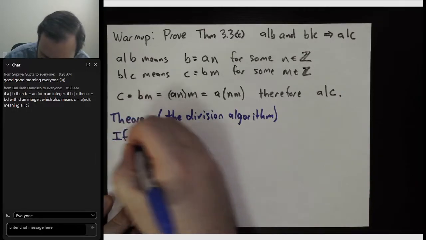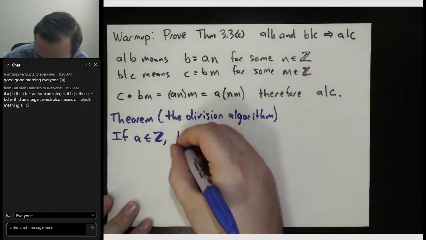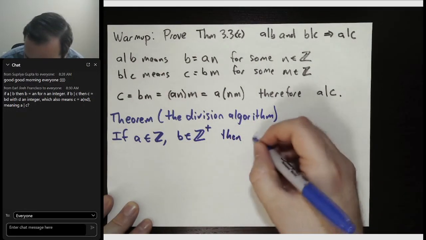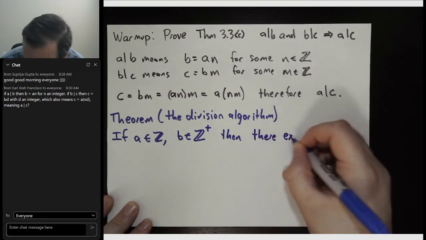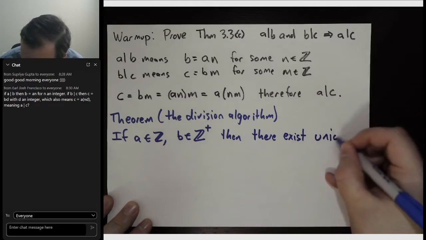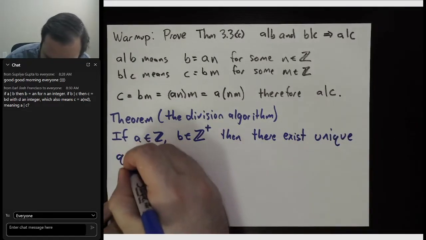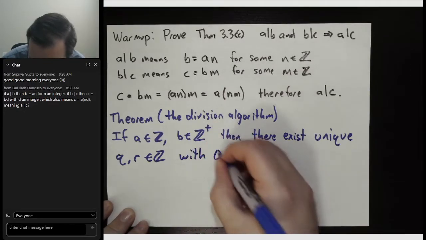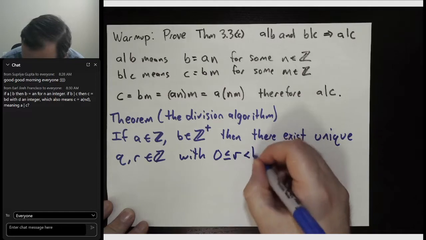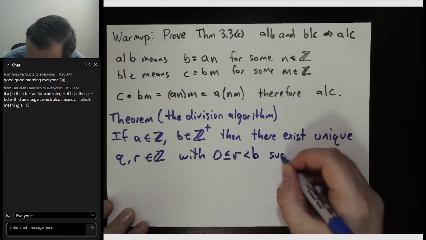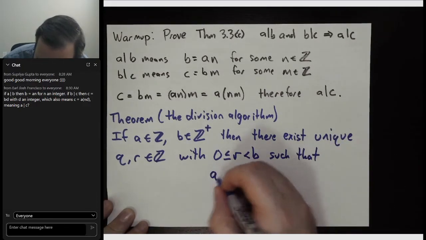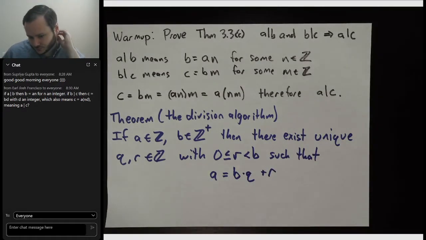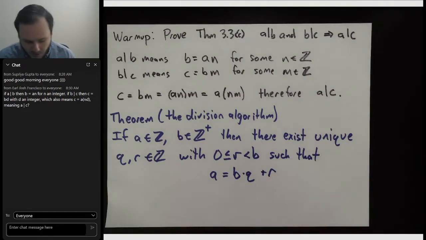This says if A is an integer and B is a positive integer, then there exist unique Q and R, both integers, with 0 less than or equal to R, strictly less than B, such that A is equal to B times Q plus R.